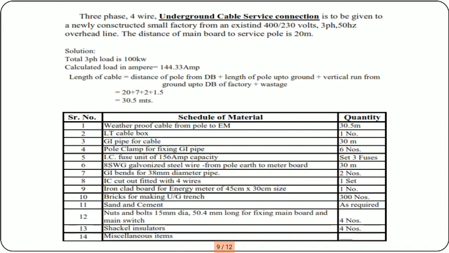Then nuts and bolts, 15 diameter, 50.4 long, for fixing the main board and the main switch. Then we need shackle insulators and other miscellaneous items. So this is the schedule of material, or list of the material and their quantities, for the underground cable service connection.